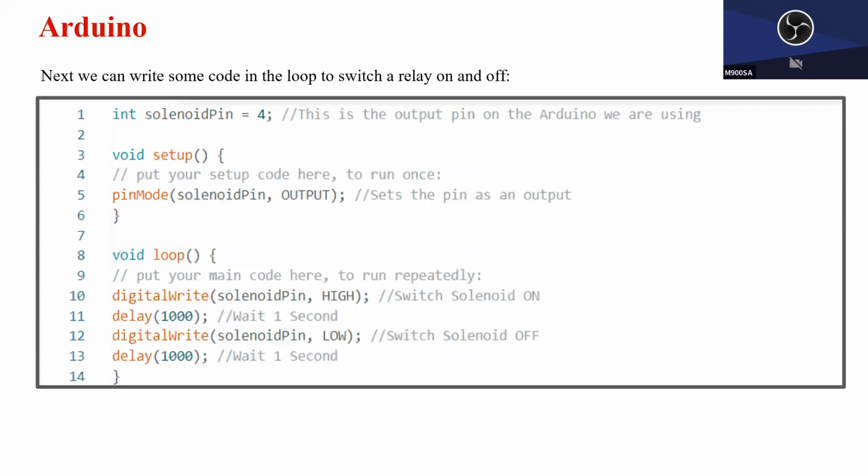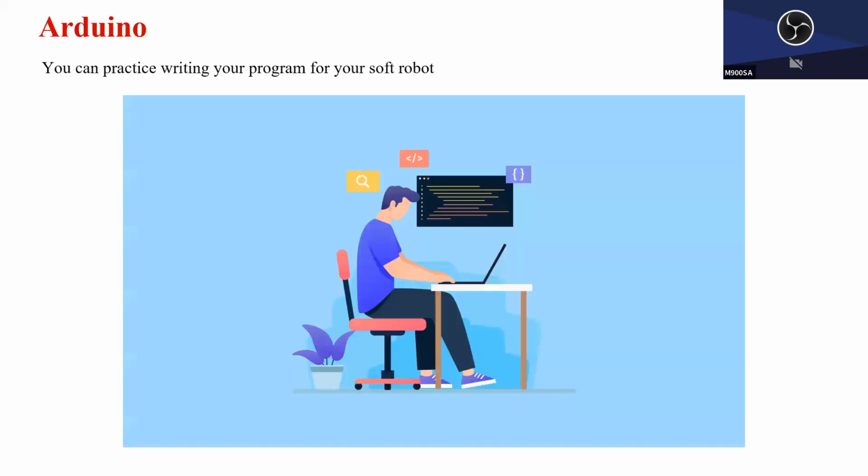Continuing from the setup, if I want to open the relay, I will switch on the relay for 1 second, and after 1 second, I will turn it off. That's it. Simple programming code for today. So you can have time to practice Arduino programming today.